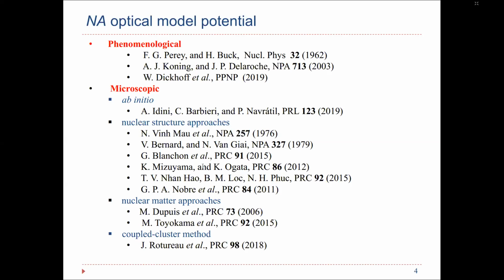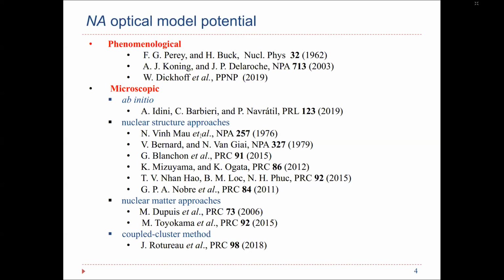The nuclear structure approach has some advantages compared with the nuclear matter approach, which is useful for energy greater than 50 MeV. So I will talk about some results based on the paper in 2015 and some new results which I just obtained in a short time.